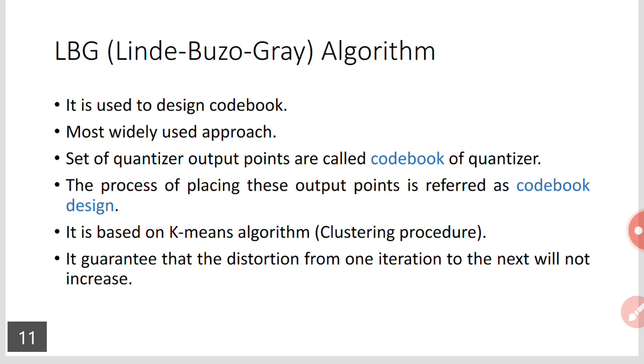There are a number of approaches for designing a codebook, but LBG is the most popular approach for obtaining a vector quantizer codebook. Here the set of quantizer output points is called the codebook of the quantizer, and the process of placing these output points is referred to as codebook design.